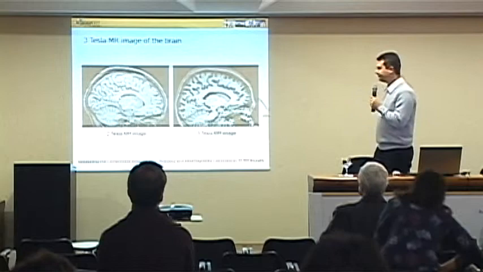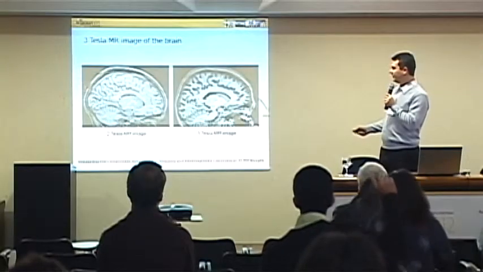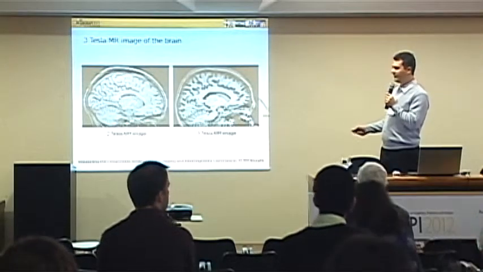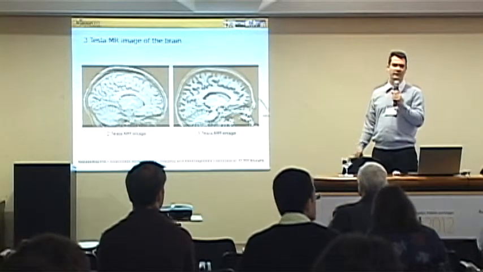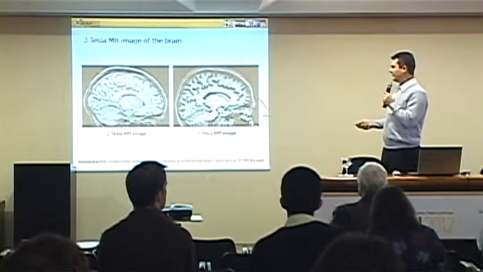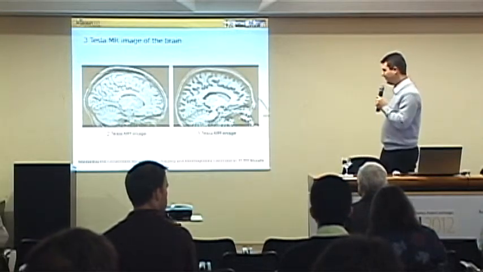What we have here on your left side is a 2 Tesla MR image. Comparing it to a 3 Tesla MR image, the quality is poorer in the sense of the amount of noise in the image.